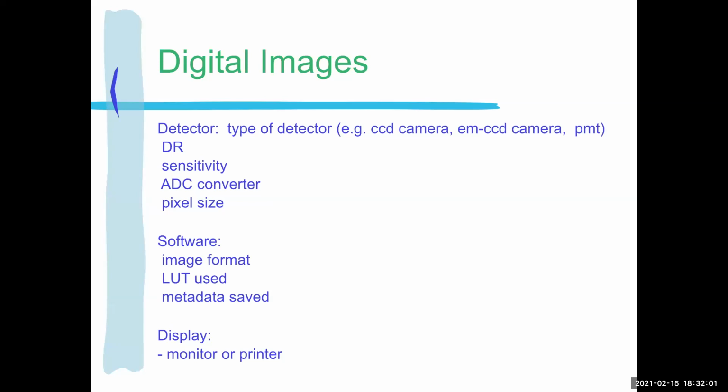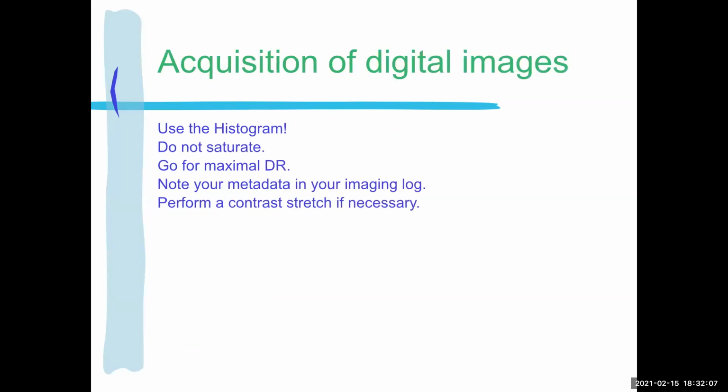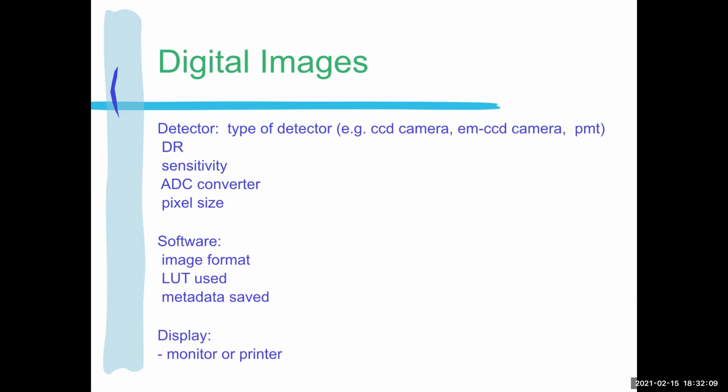So the things that affect a digital image, the data it has and what it looks like, include, of course, the detector, the camera. Is it a CCD camera? There are fancier ones called EMCCD, or PMT, which is used in confocal. We'll talk about that later on. The dynamic range of the camera, and I talked briefly about the sensitivity, just how good it is at picking up your signal.